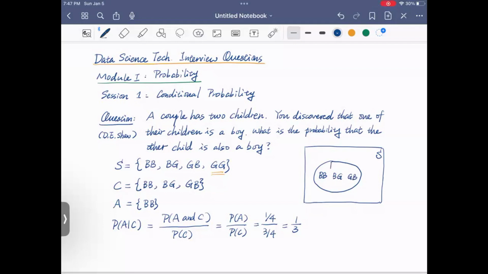And BB itself is event A. Given that C occurs, C is the whole circle. What is the probability that A also occurs? That's why P of A given C is equal to 1 divided by 3, because C has three elements and A only has one and it is contained in C. So 1 divided by 3 is the answer.